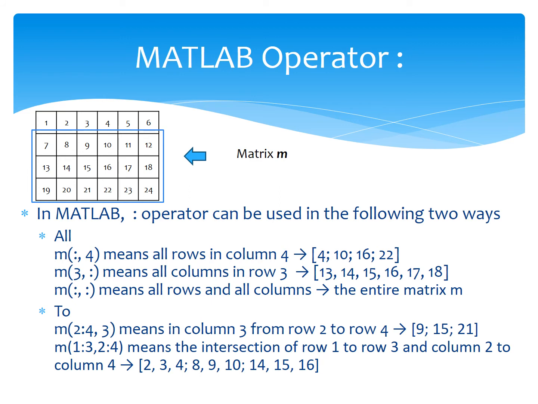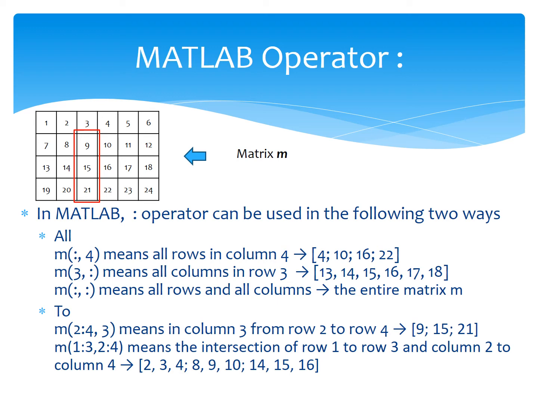So the blue rectangle indicates the row 2 to row 4, and the 3 indicates column 3, which is shown in the green rectangle. The intersection of them is shown in red, so M(2:4,3) indicates the red rectangle elements.